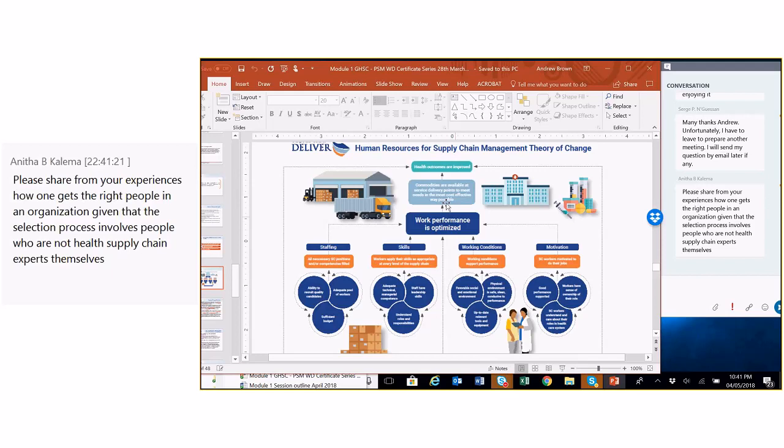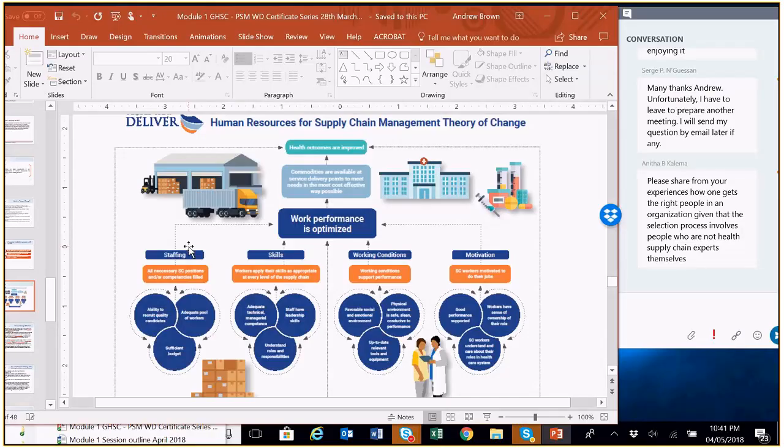So when we think about right people, if we do all the human resources aspects properly, we can have work performance optimized. Now, for people to be working in an organization and to have optimized performance, the study revealed 4 things. You need staffing, skills, working conditions, and motivation.